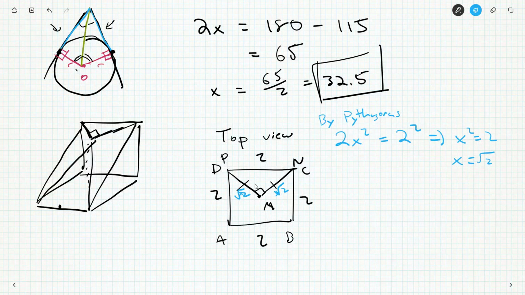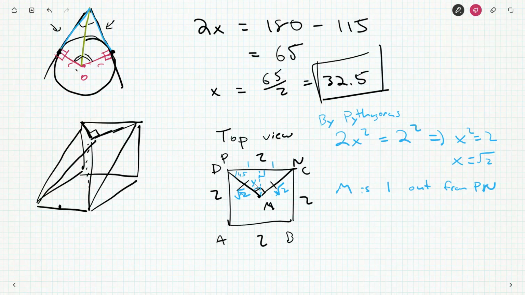Where exactly is M, though? How far out is M? We'll call this y, because I already used x. So it splits that in half, 1, 1. That's 45, so that's going to have to be 45. So M is 1 out from PN.